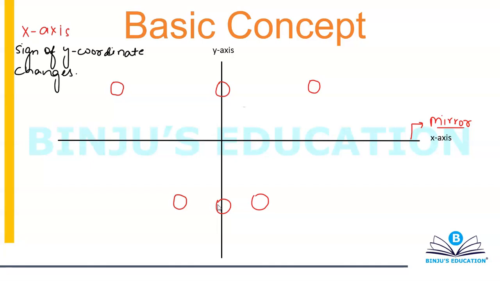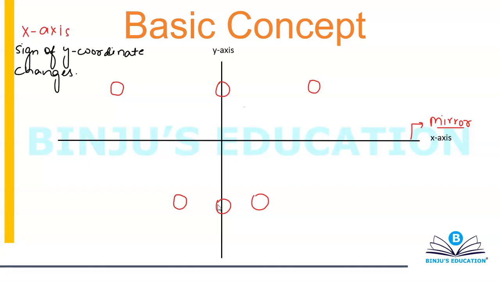Now, if you are coming from above x-axis to below x-axis, above x-axis y is always positive, below x-axis y is always negative. So can I say my sign of y is changing, yes or no? Exactly, it is changing.